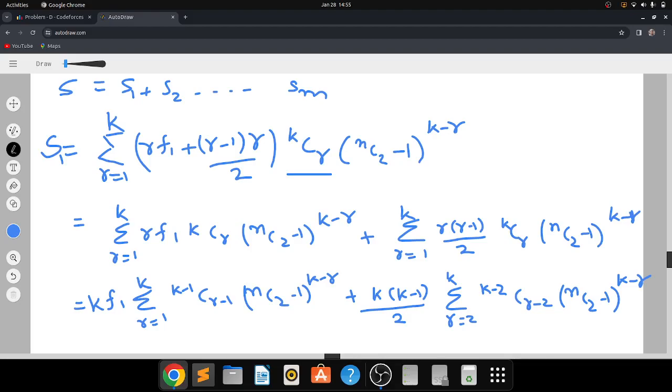Excluding only the first friendship pair, we have NC2 minus 1 possibilities, and (NC2 minus 1) to the power K minus R, because for each of the K minus R places we can have NC2 minus 1 possible ways. Now let us expand this: multiply this complete thing with R F1, plus multiply this complete thing with R into R minus 1 by 2.